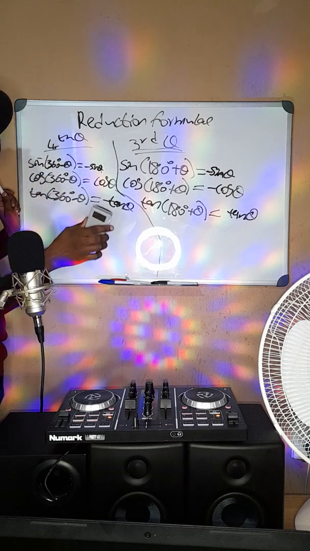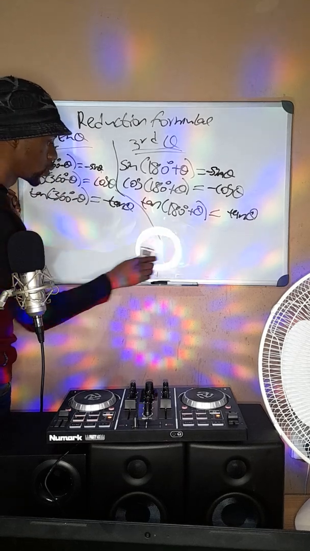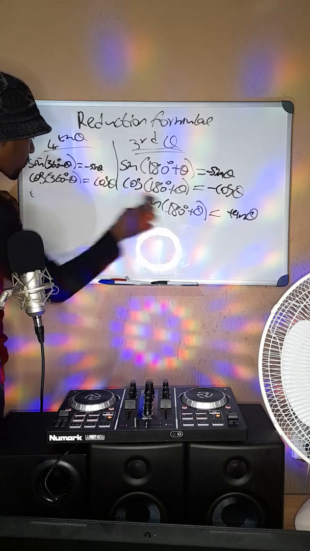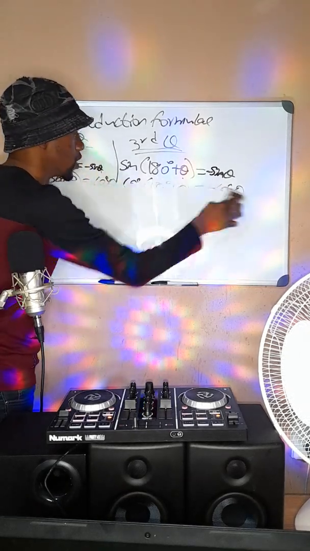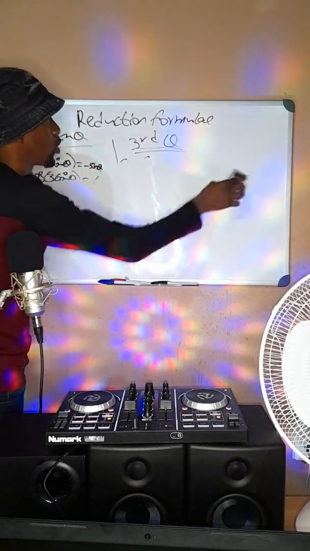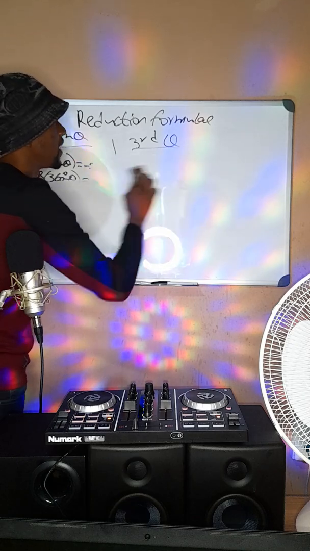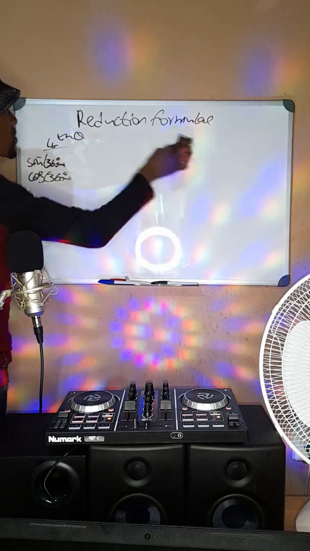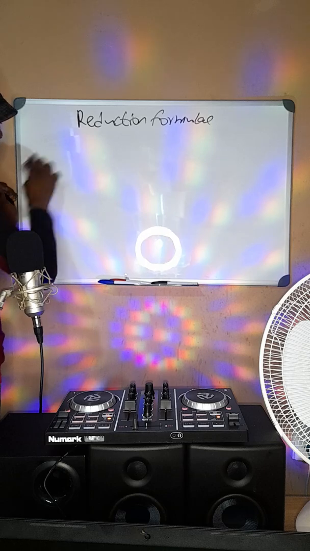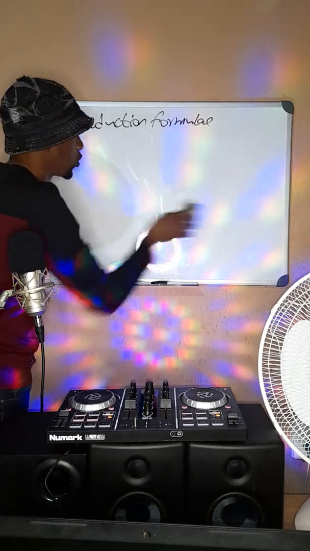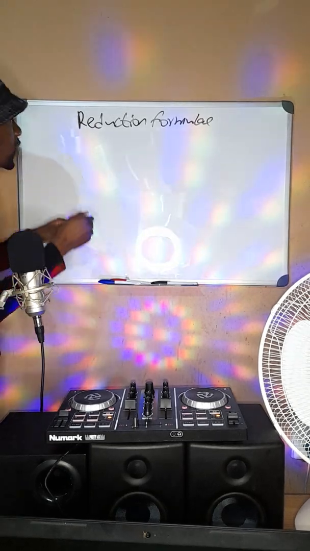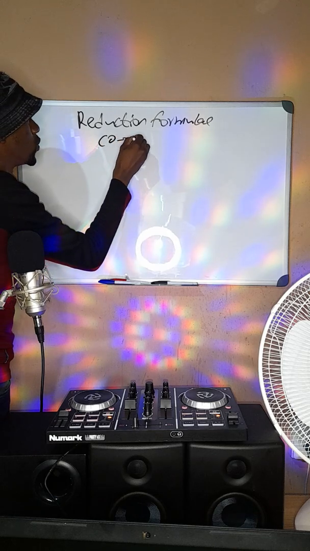Okay, then let's go to the co-ratios. When it comes to the co-ratios, we focus only on the 90 degrees. Our scope is limited to the 90 degrees only. There we are having the co-ratios.